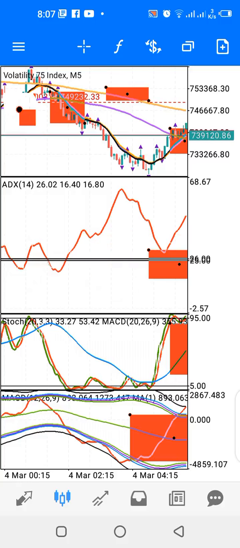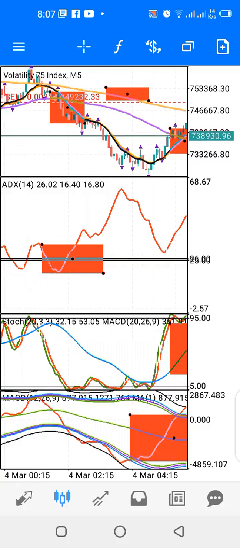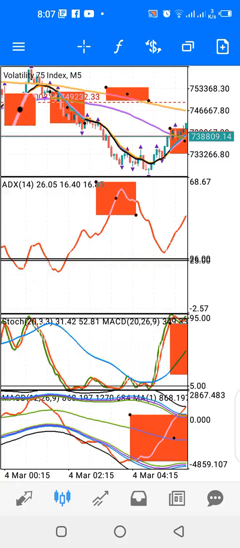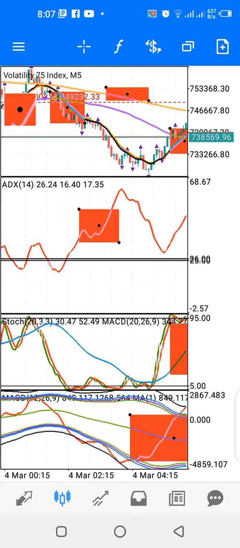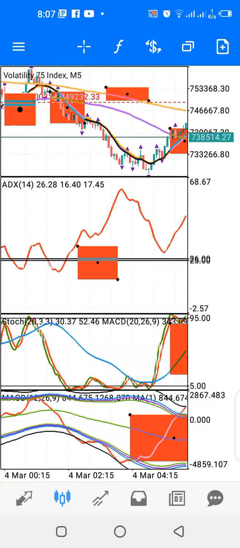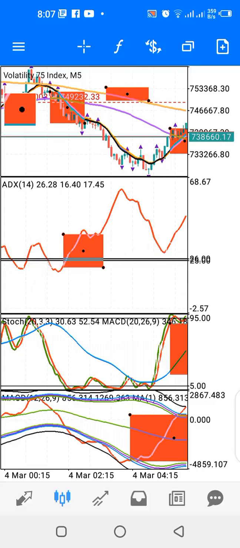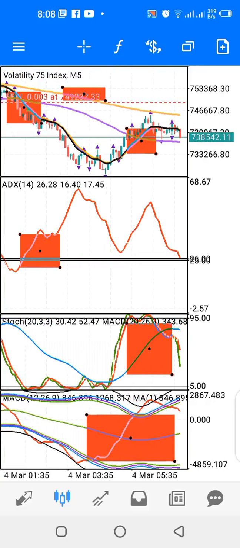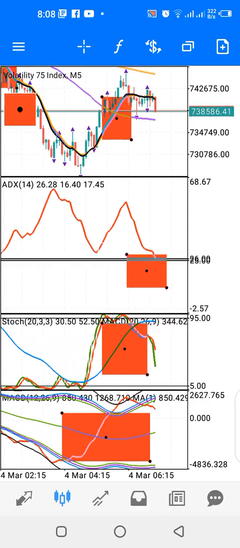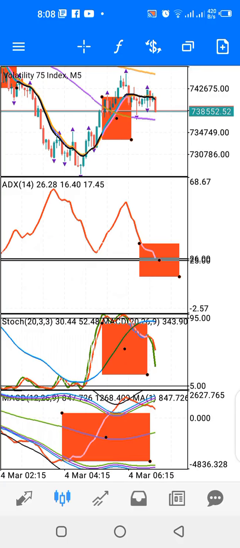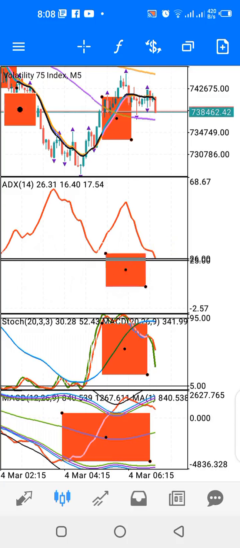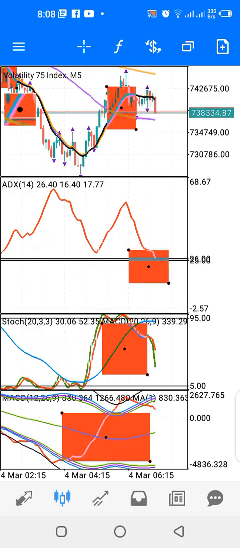You use this basically to know when to trade. When the red line stays above the 25, 26 level, you can confidently look out for a buy or sell trade. But now it's going below the 25, 26 level, so if it drops below it, you stay out of action, because we may expect a range here.